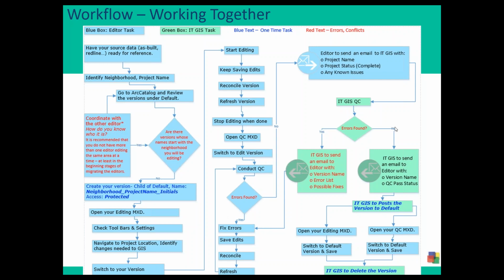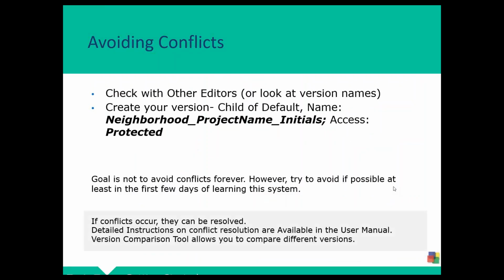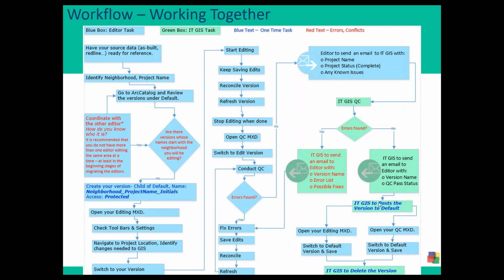But if there are no errors found, then at that point your version is declared pass, and then the ITGIS posts the version to default. We say that because if there are any conflicts, they will be resolved at that point.